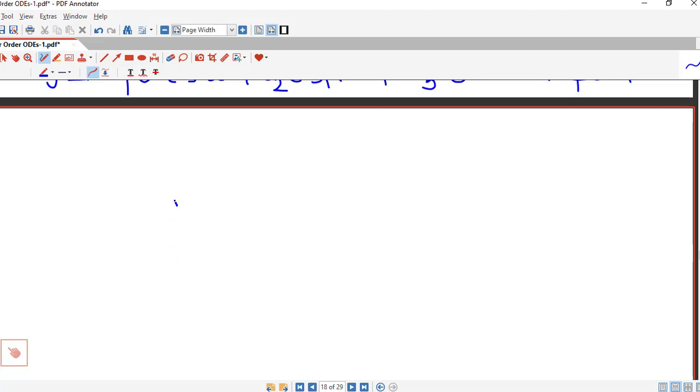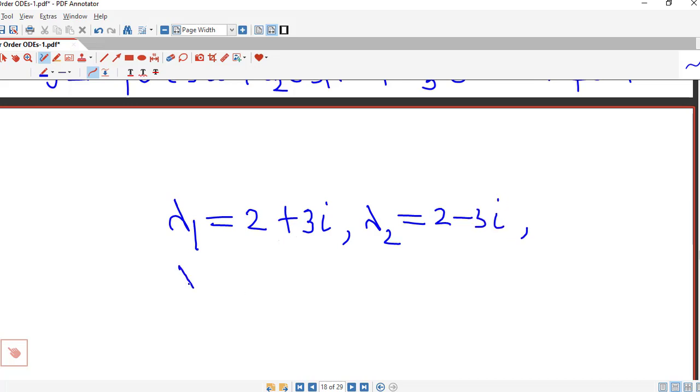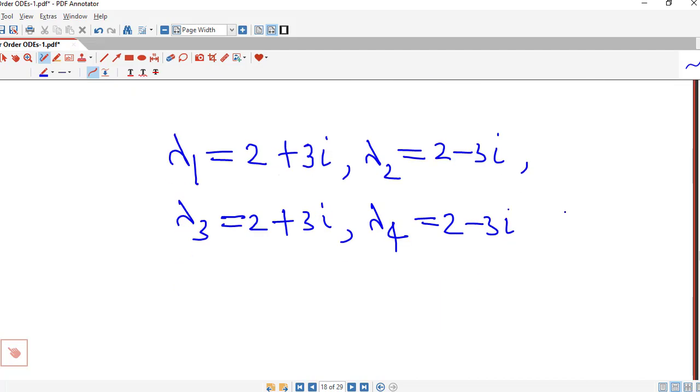Suppose my roots were λ equal to, say, 2 plus or minus 3i. Suppose the roots of the auxiliary equation are: λ1 is 2 plus 3i, λ2 is 2 minus 3i, λ3 is also repeated, 2 plus 3i, and λ4 is also repeated, 2 minus 3i.